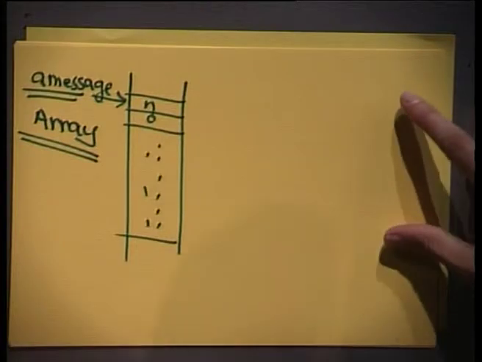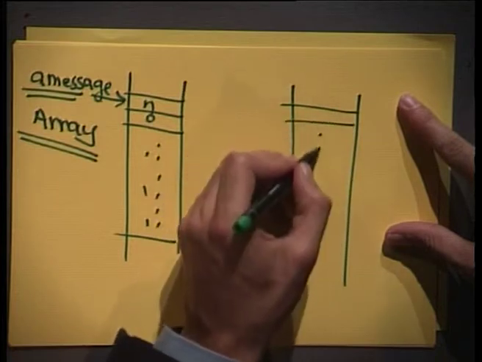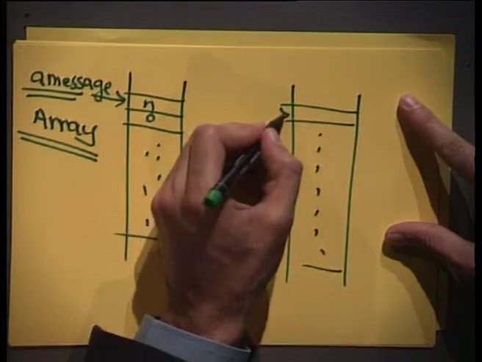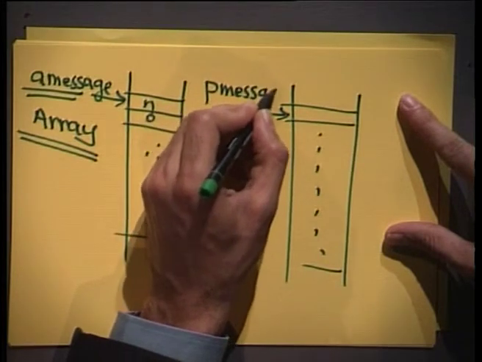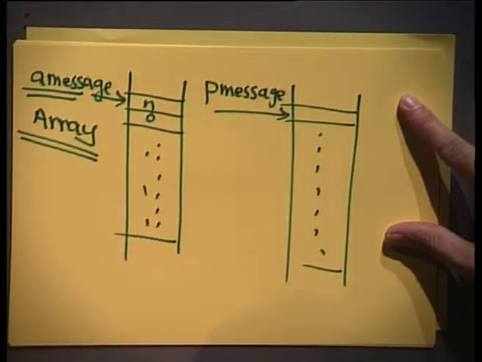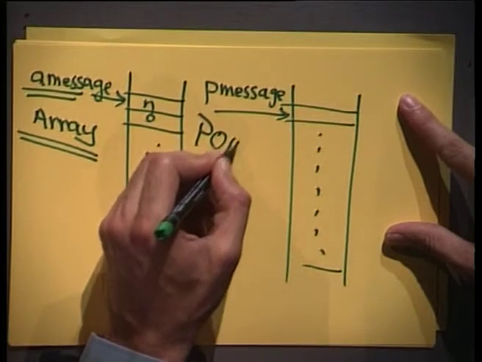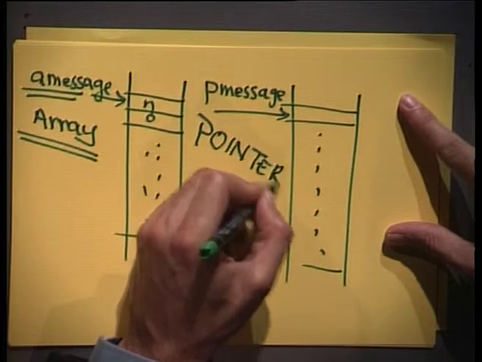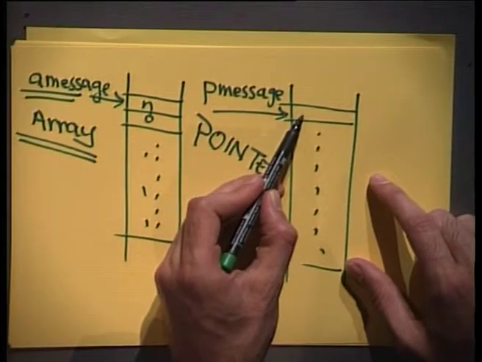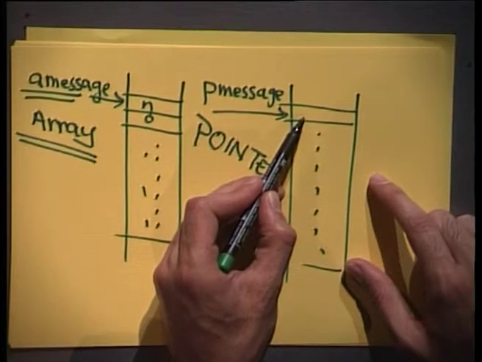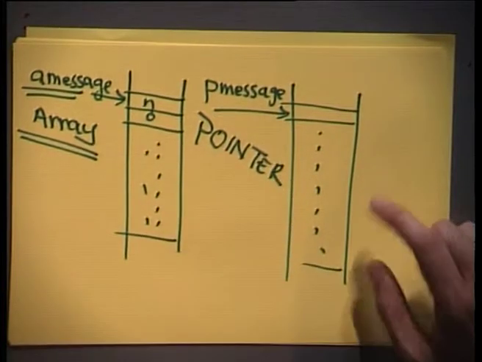The other definition is something like this, called p_message. And this is a pointer that points to the memory, to this starting address, which is the address of the first character in the word now, and then the rest of the characters.